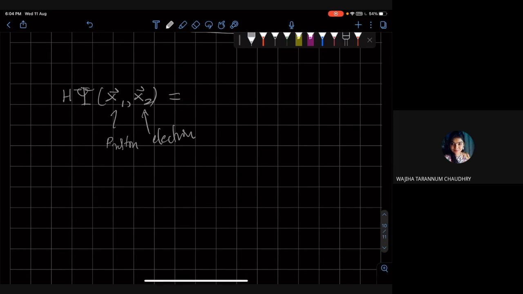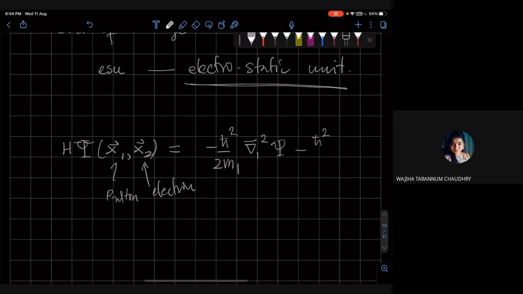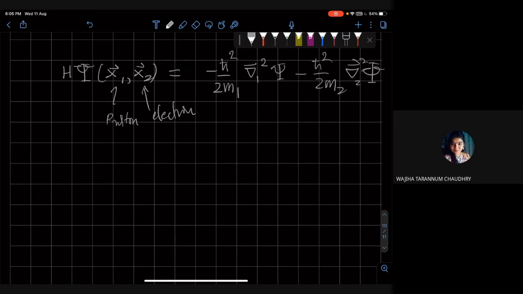And this will be minus h bar squared by 2m1 del 1 squared big psi, minus h bar squared by 2m2 del 2 squared big psi, minus e squared by r1 minus r2 big psi, and that will be equal to the total energy times psi, right?